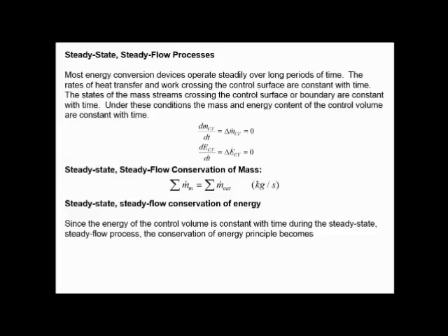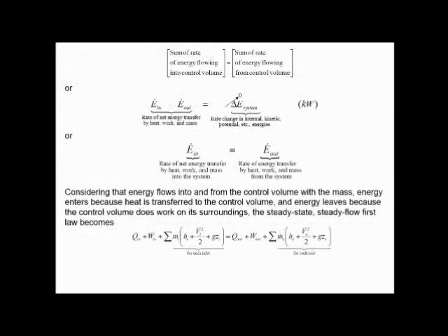Since the energy of the control volume is constant with time during steady flow, the conservation of energy principle becomes: the sum of the rate of energy flowing into the control volume equals the sum of the rate of energy flowing out of the control volume. You just need to be clear about this concept.